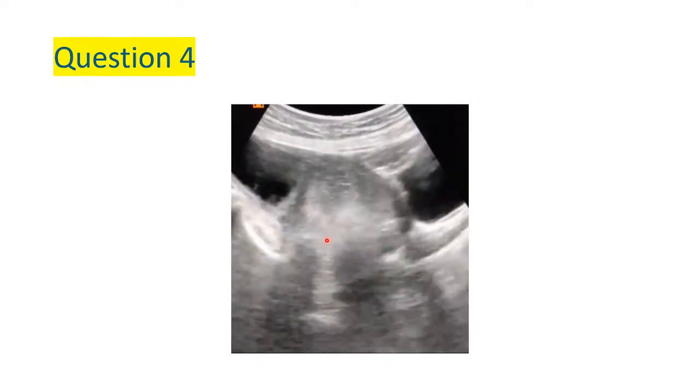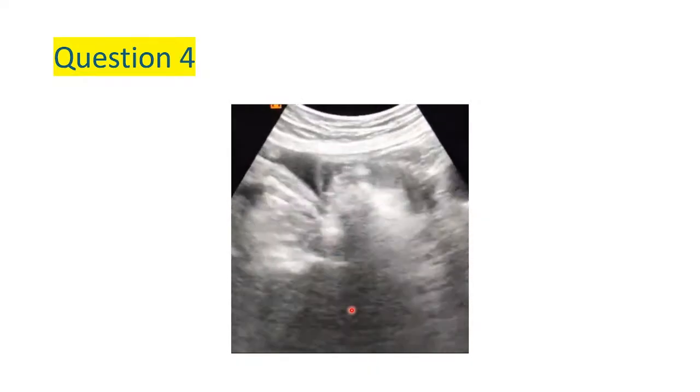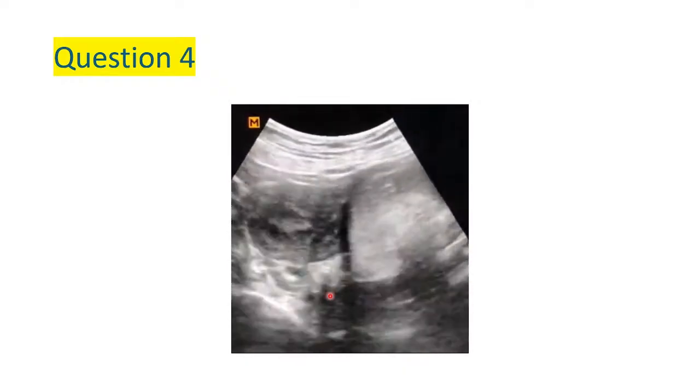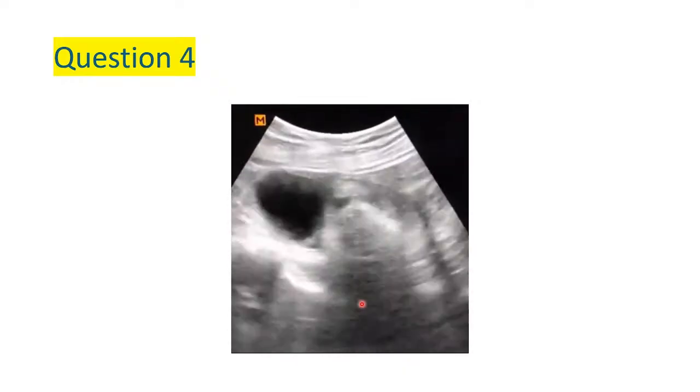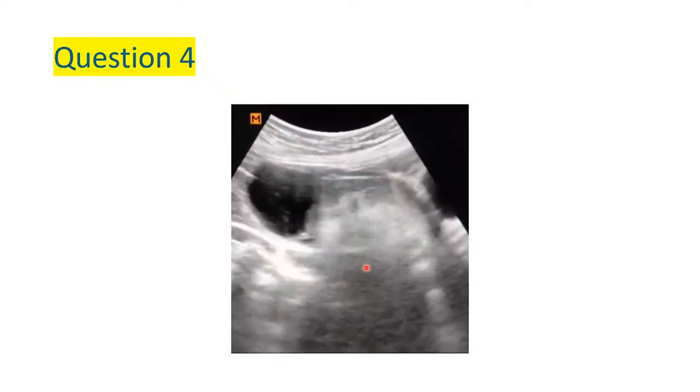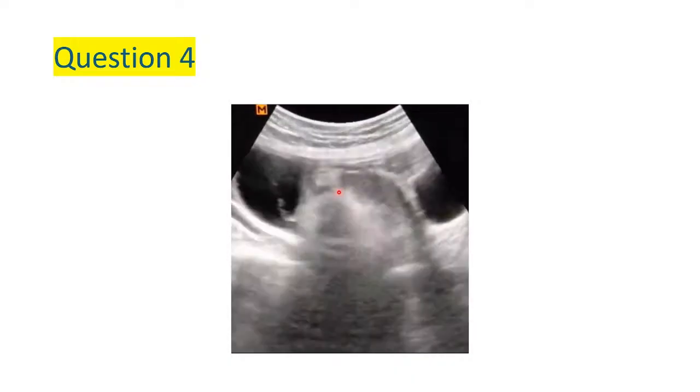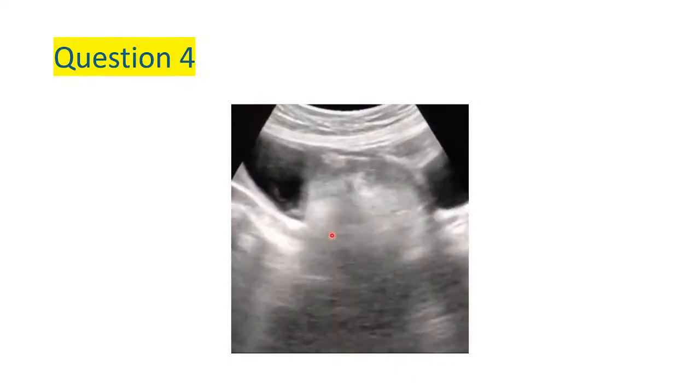So this is a Rokitansky nodule, and you can see the tip of the iceberg sign there, distal acoustic shadow in there. And then this is the Rokitansky nodule. So we say that a dermoid cyst can have any components, be it the teeth, be it hair, fat. So it can have anything. So this is a dermoid cyst. It's a Rokitansky nodule.